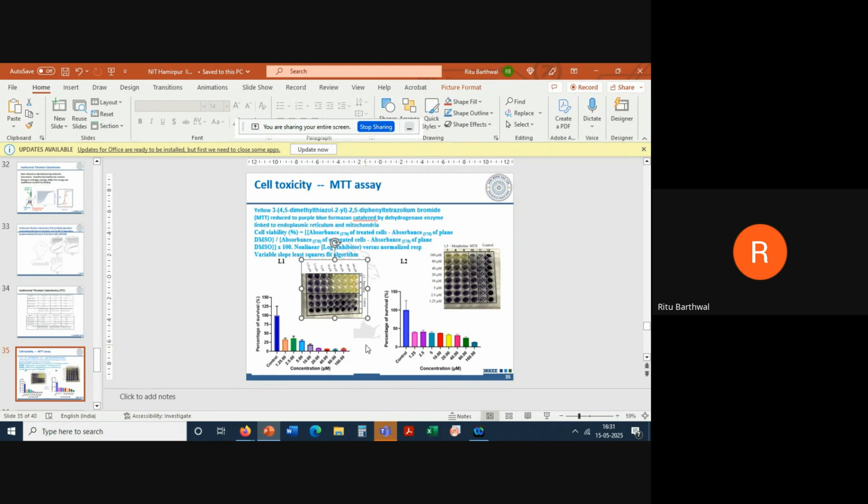If the cells are not getting killed, then there is no point in going ahead. This is some of the compounds which we have done, and the cells we have taken are breast cancer cells. We have incubated them, and I'm showing you the results of that.